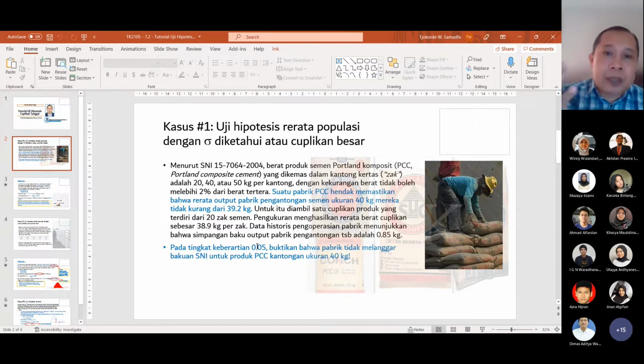So this time we get an average sample mean of 38.9 kilogram per sack. Who's going to say that we will get the same number tomorrow? Maybe when we perform the same sampling tomorrow, we will get, let's say, maybe 39.1 or maybe 39.5, whatever.